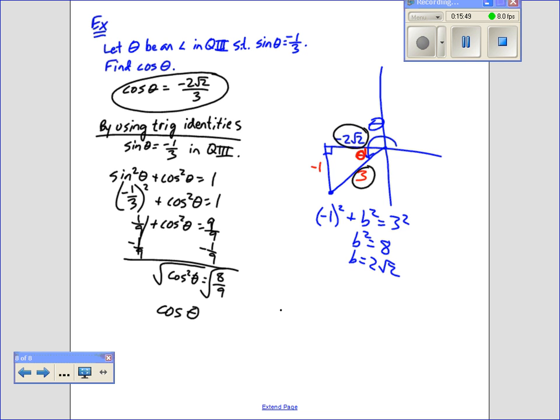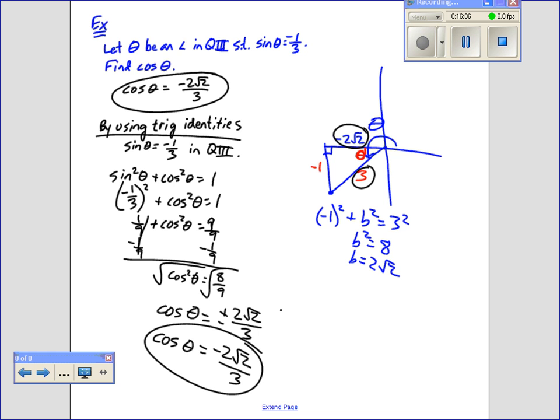Cosine theta is plus minus 2√2, square root of the top over square root of the bottom, right? And I say, wait a minute, I'm in quadrant 3, so I know my cosine in quadrant 3 must be the negative 2√2 all over 3. Okay, and that's how you could use a trig identity to do the same thing as we did previously with the reference angle there.